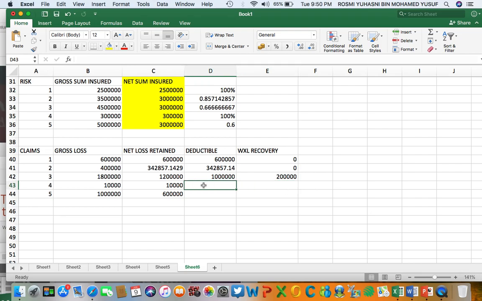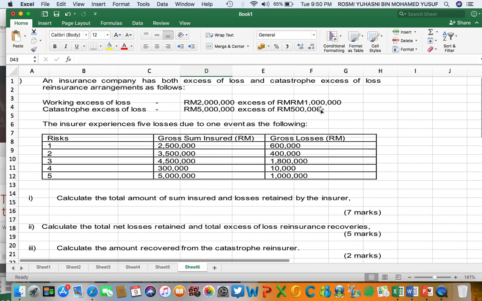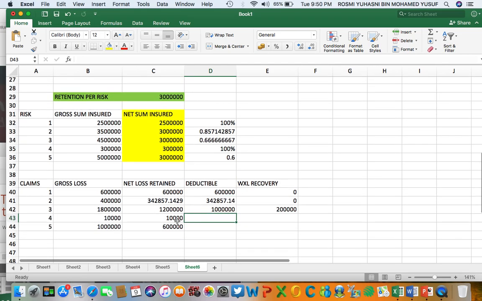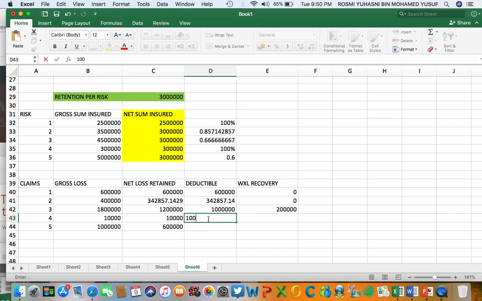Okay, for claim number 4, net loss retained is 10,000. We know that the deductible is 1 million. 10,000 is less than 1 million, meaning that the insurer will retain the whole 10,000 and zero recovery from the reinsurer.